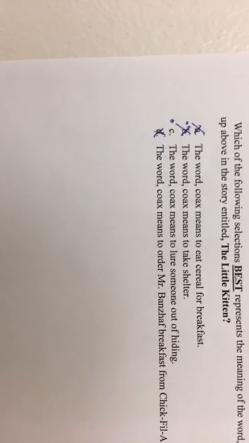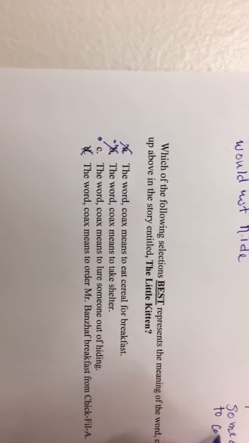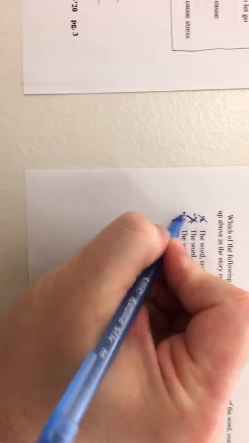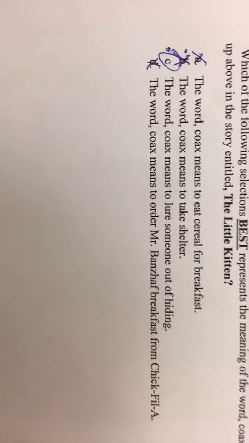You know, letter C sounds so much better because someone is hiding. You got to persuade them to come out. See, persuade someone to come out. Okay? That's why letter C is the best answer here. The word coax means to lure someone out of hiding. Okay.